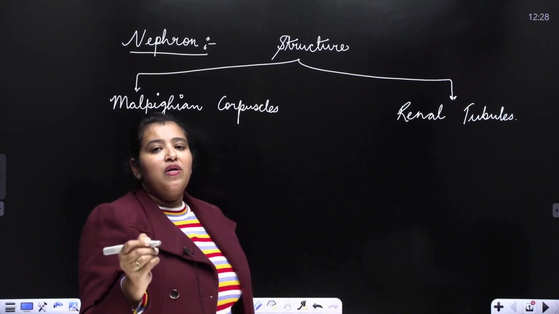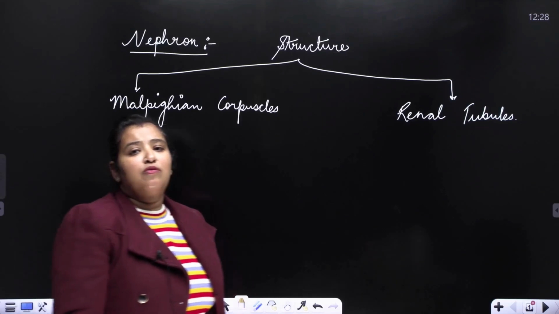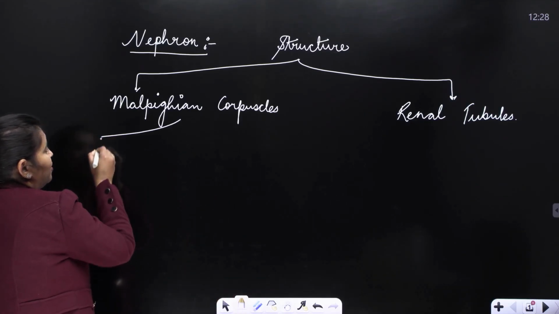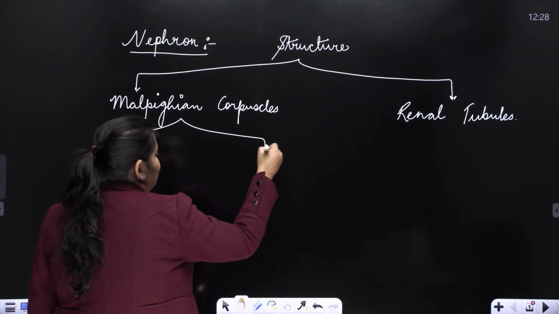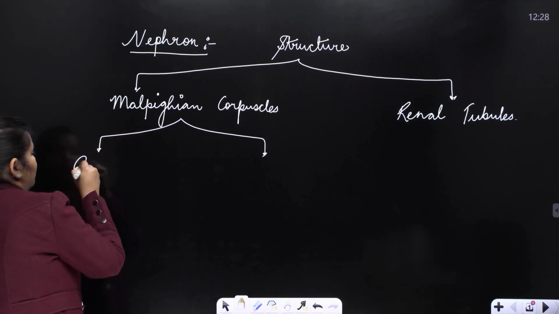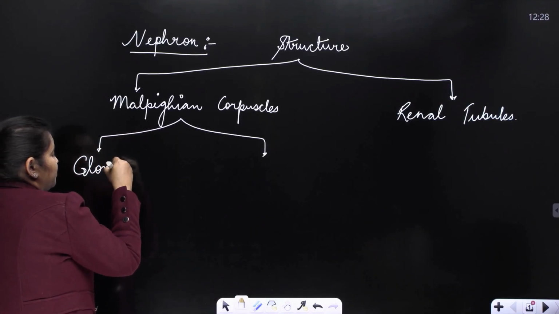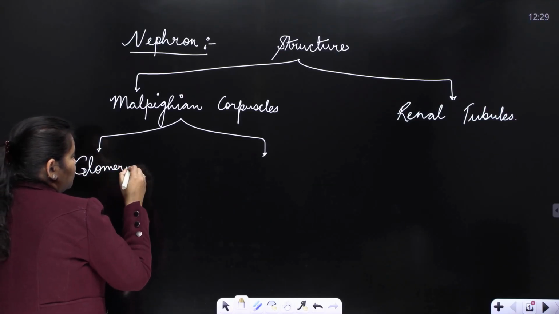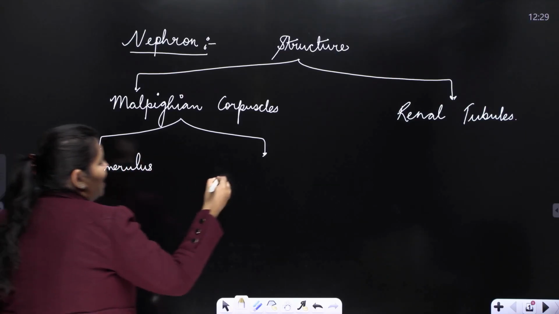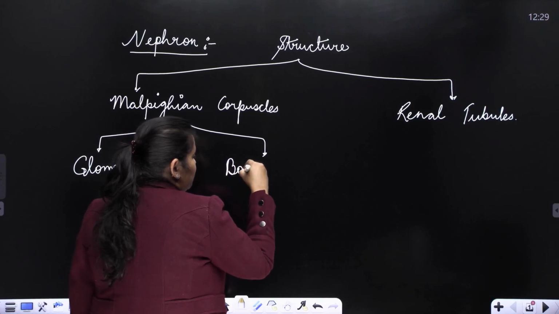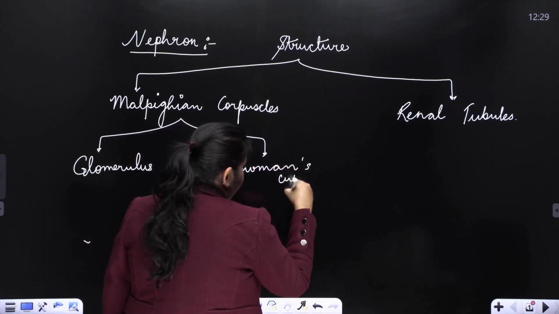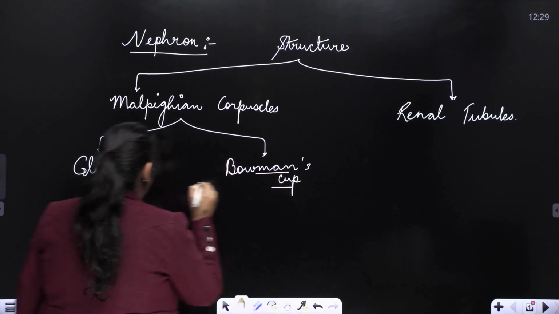The word renal will always be used when we talk about the kidneys. Malpighian corpuscles further have two parts, the glomerulus and the Bowman's cup. These are the two parts.